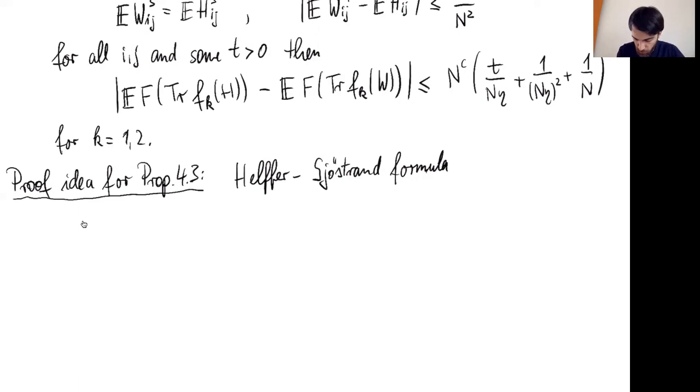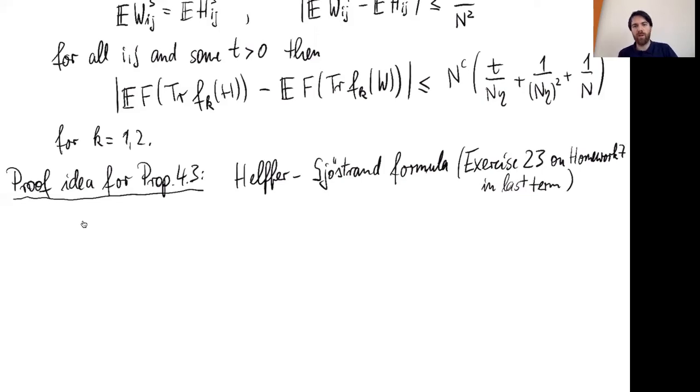And we actually also proved it on a homework, exercise 23 on homework 7 in the last term. So that gives you a way to transform functions into integrals over the resolvent, and then you can use your information on the resolvent.